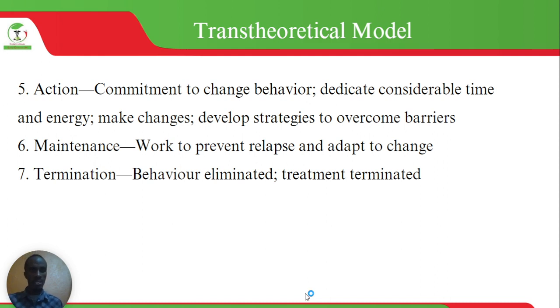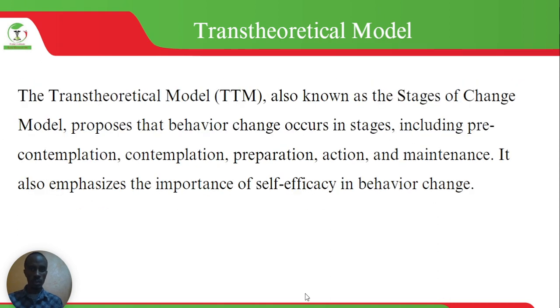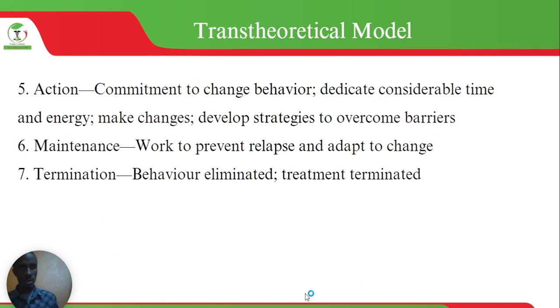Then number six of this trans theory model, or stages of change model, is what we call maintenance. And in this case, the person is already taking action, and more to that, they work to prevent the relapse and adapt to change. So they do not want to return to their old selves.